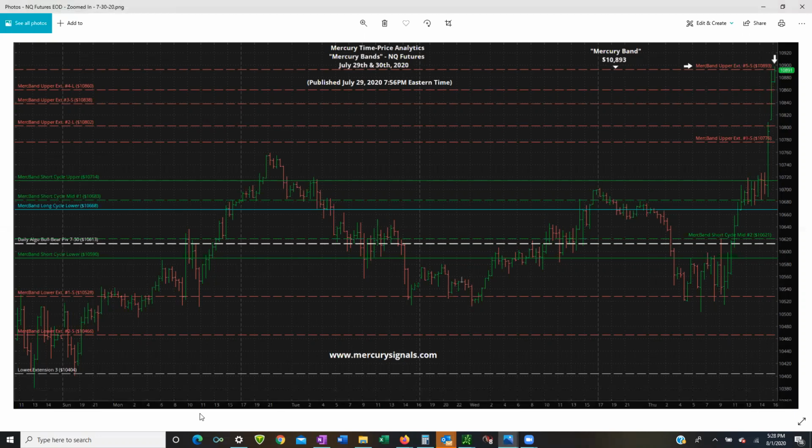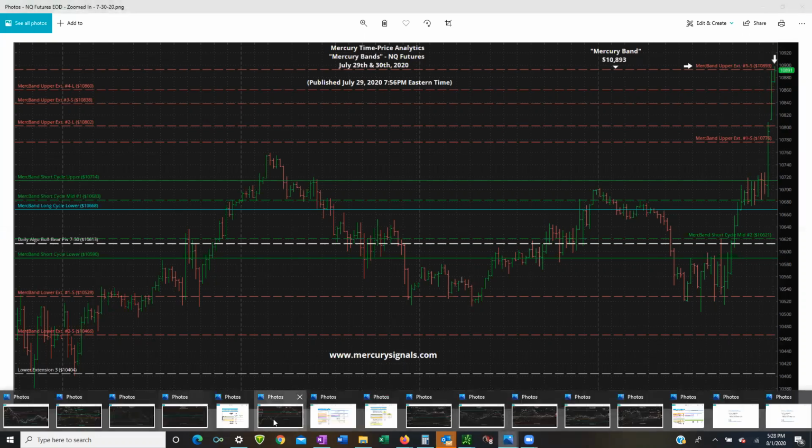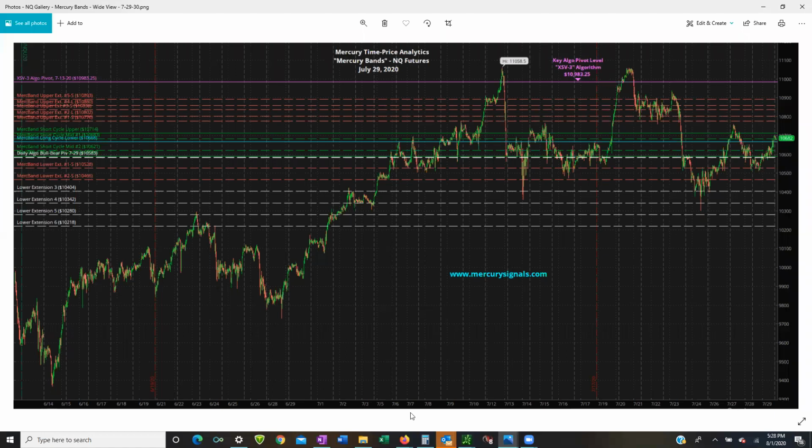What else do we have? Did I show you that one? Yeah. We do this one. So this is a wider view of the NQ Mercury bands. The reason I wanted to share this with you, really important point. I never, ever, ever manually draw support resistance lines on a chart, ever.